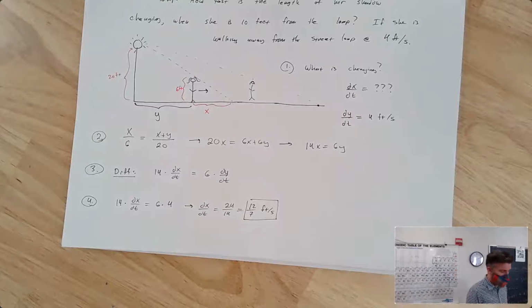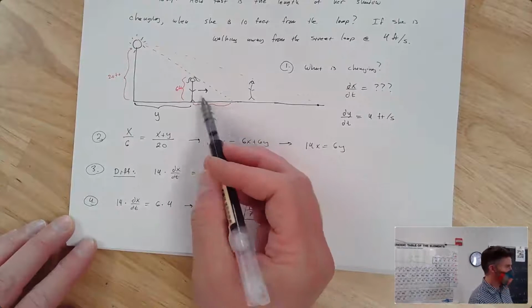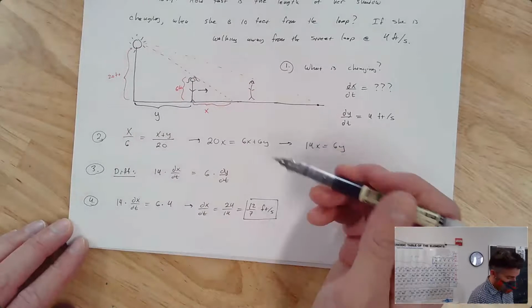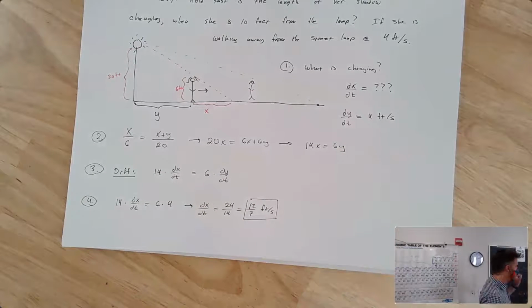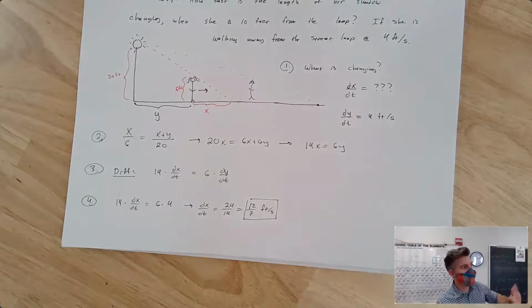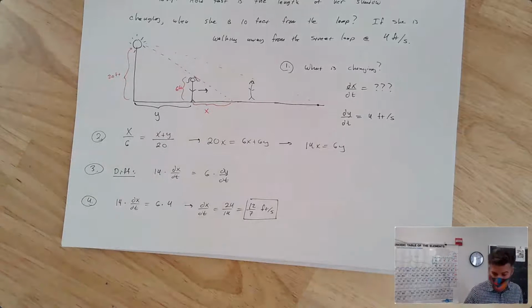Which kind of makes sense if you think about it, because again, the shadow is just some ratio of how tall she is and how the light's being cast. Now, I will point out that I've seen a question like this in the 21A textbook, but it's phrased slightly differently. An alternate phrasing of this question, which leads to a different answer, is the following.